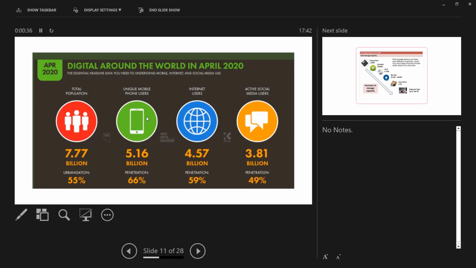Unique mobile phone users are 5.16 billion, 66%. Internet users 4.57 billion, 59%. Active social media users 3.81 billion, 49%. But this is before COVID.